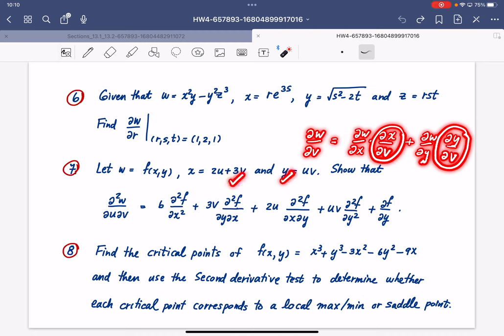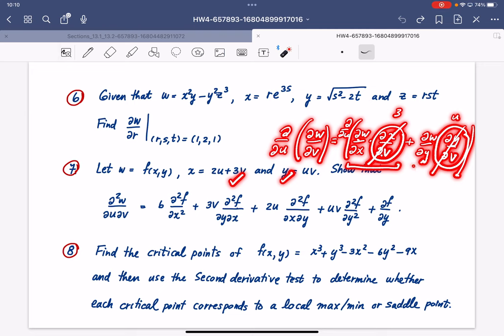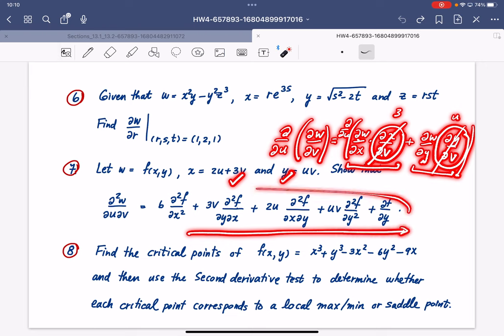And then once you get this thing in terms of u, you can apply one more time the derivative with respect to u. It's going to be a little bit complicated now because you have to apply the product rule and the chain rule here, and then you keep simplifying, so it should be at the end this term.